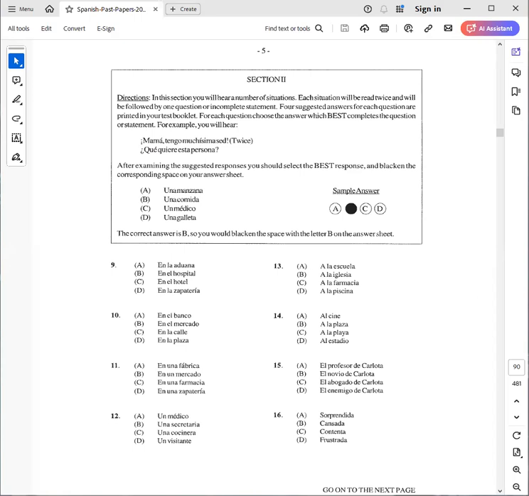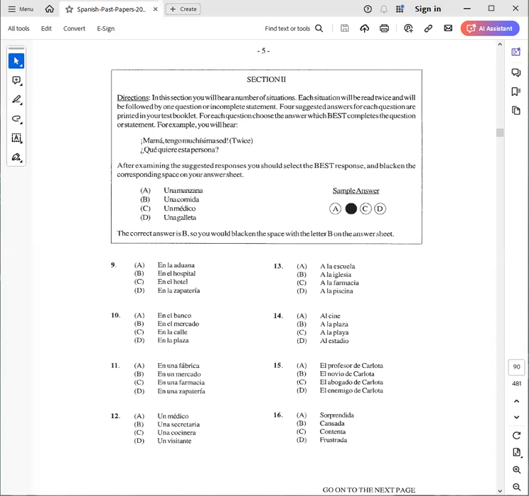Number 9, no me quedan bien, son demasiado grandes. No me quedan bien, son demasiado grandes. ¿Dónde está este cliente? Number 10.